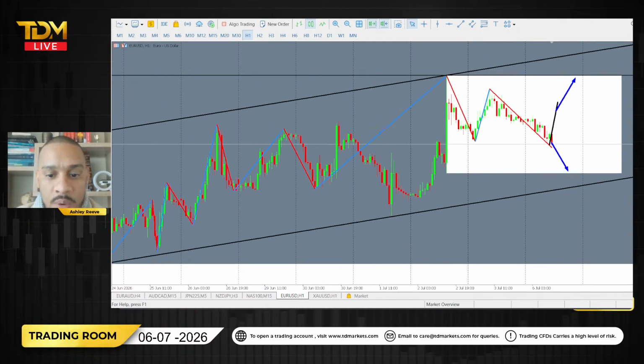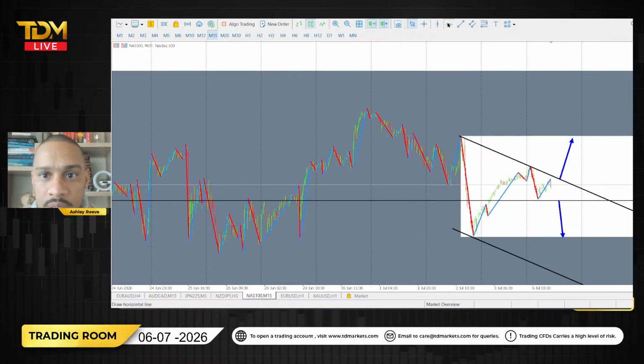So again, I'm going to remind everybody, what we're doing is walking our students through daily movement. Daily movement. So 1.14, let's see if it reaches, or 1.13, that's Euro USD.